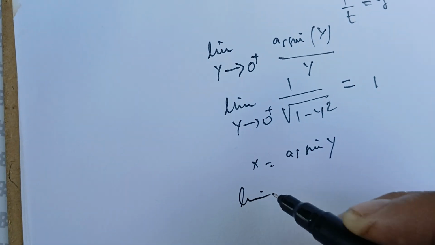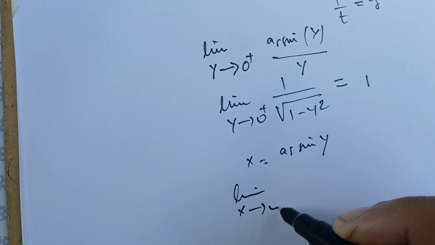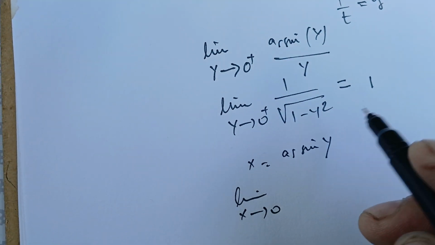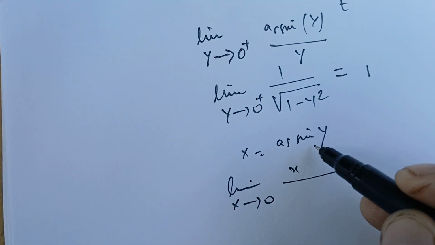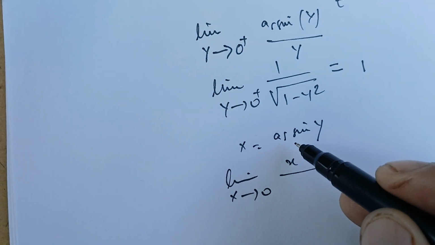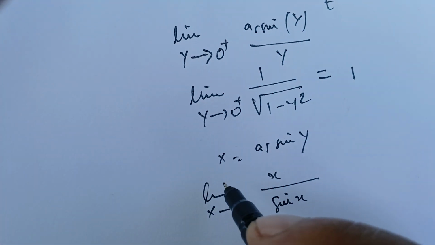It's the same here, you know that from the graph. So x is gonna go to 0, and the arcsine of y is just x, for y is sine x, using the inverse function.